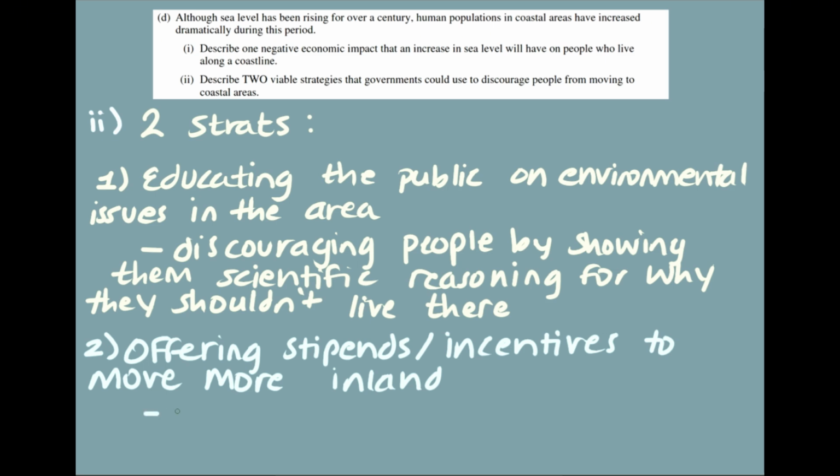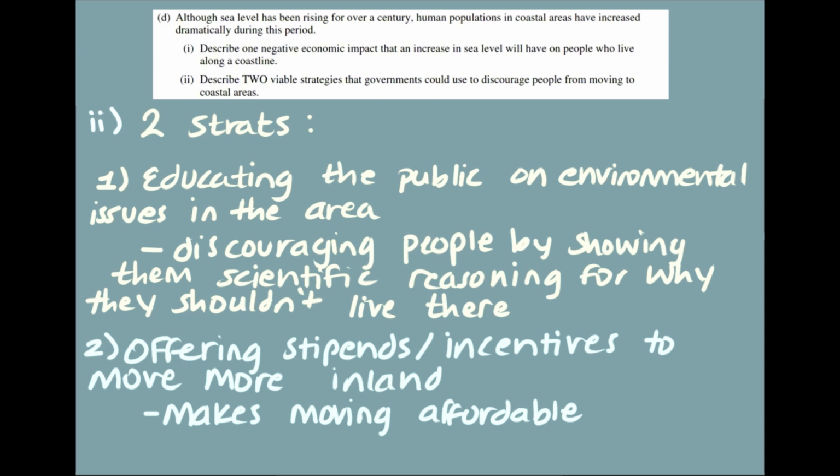So it makes moving out of those places affordable. These again are just a couple of ones that you could put. Other things could be that the government designates the coastal areas as city property or something like that.